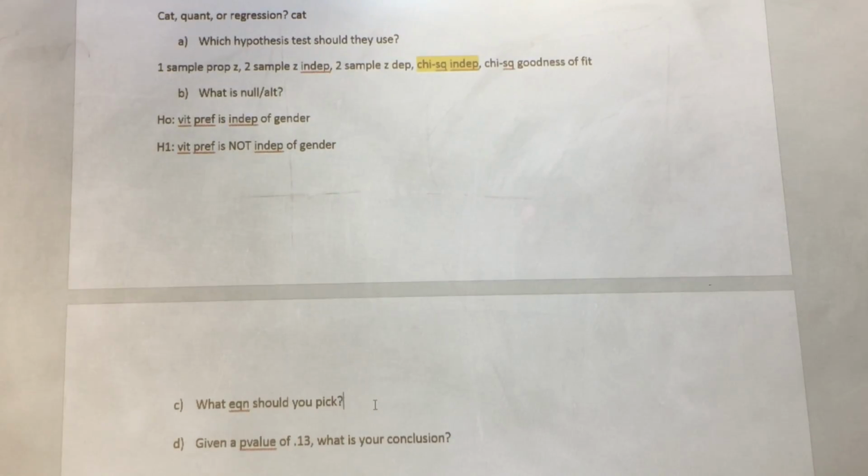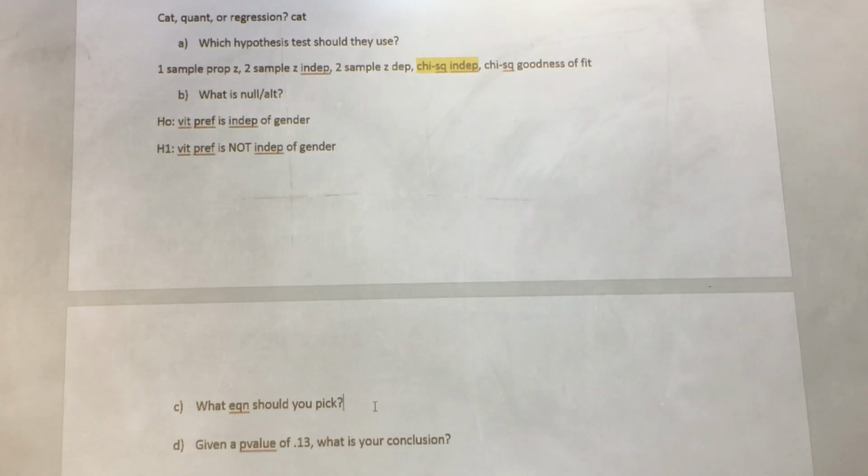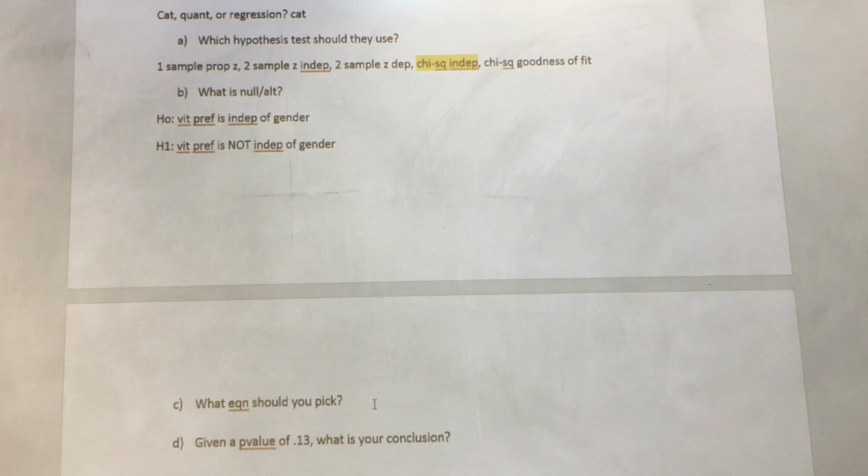So, what equation should you pick for a chi-square independence test? Yeah, you can look it up. Obviously, I'll give you a formula sheet for that.